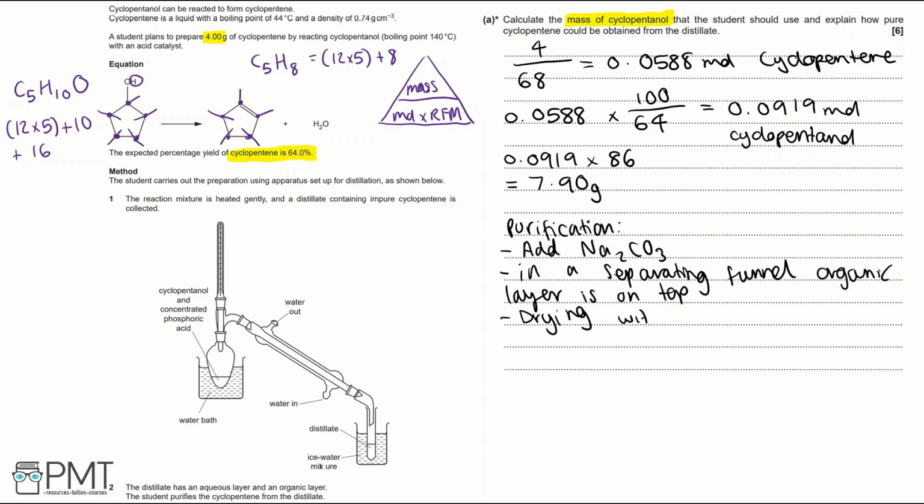Then we need to dry the organic layer with an anhydrous salt. So that's magnesium sulfate, sodium sulfate, or calcium chloride. Finally, we need to redistill at approximately 44 degrees Celsius, and this is because that's the boiling point of cyclopentene, which we're told in the question.